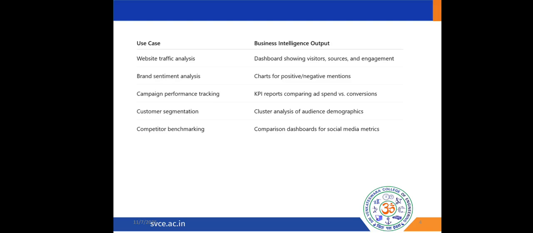Campaign performance tracking, that is KPIs, key performance indicators, reports comparing spend versus conversions. And customer segmentation, a cluster analysis of audience demographics. Competitor benchmarking, that is comparison dashboards for social media metrics.